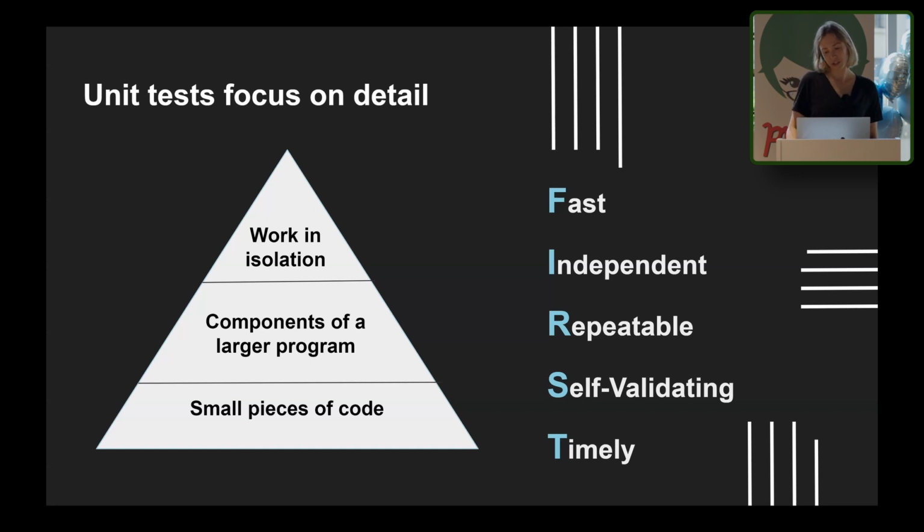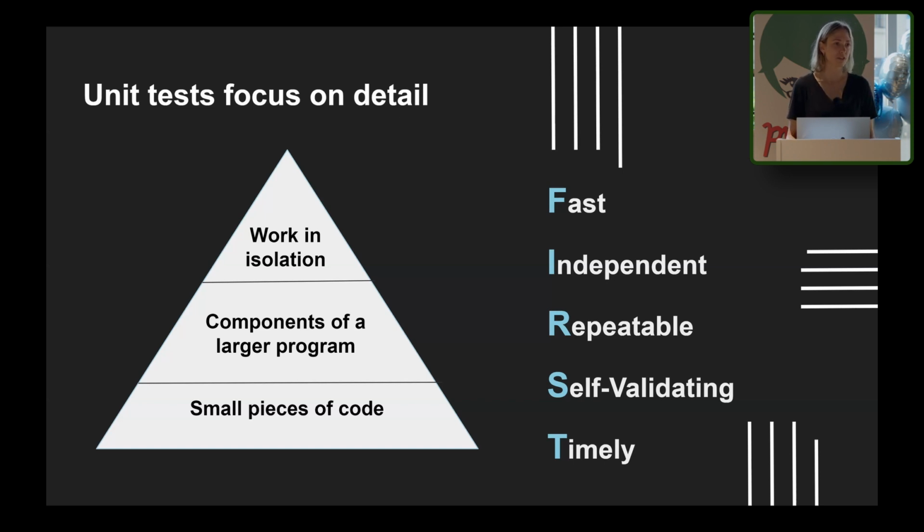The next feature is repeatable, and it means that unit tests should work exactly the same in all of the environments that you have. So the expected output should be exactly the same, whichever environment you choose. The next feature, self-validating, isn't that self-explanatory, but it means that unit tests should have two scenarios. They could either fail or pass.